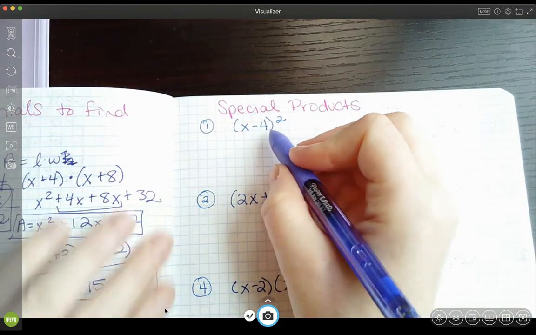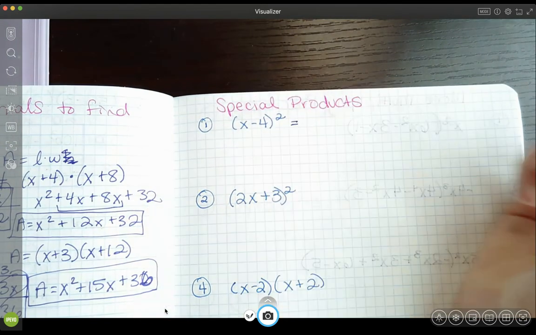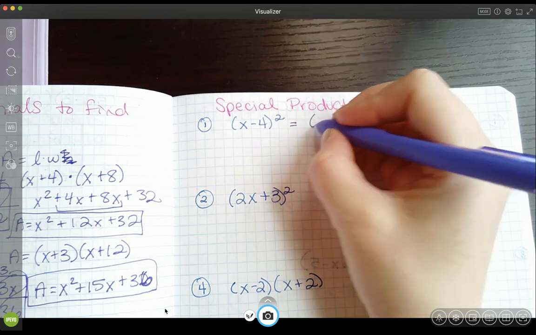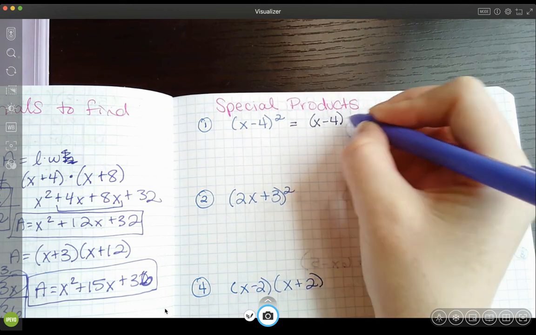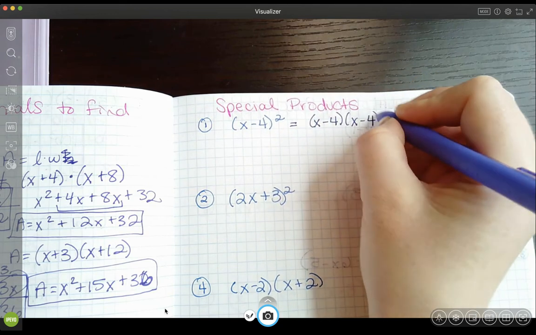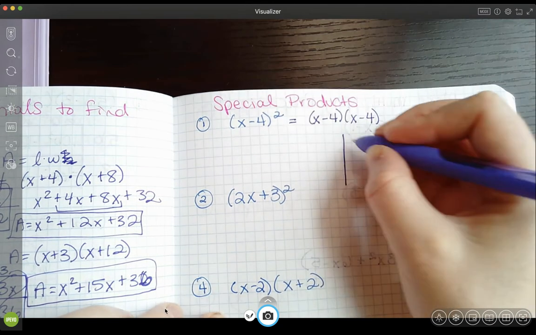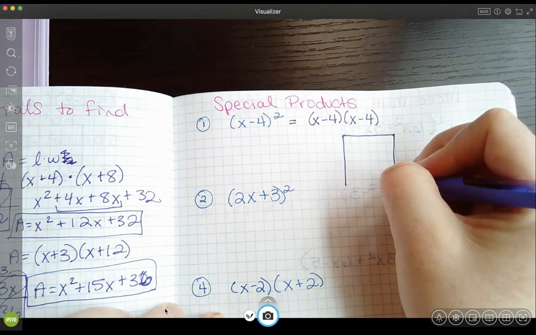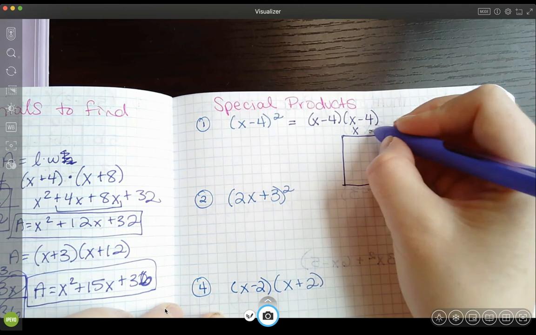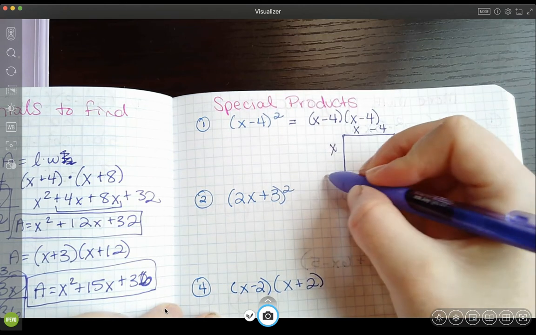x minus 4 squared. Squared means it times itself. So this actually means x minus 4 times x minus 4. So that means that across the top is x minus 4, and along the side is x minus 4.